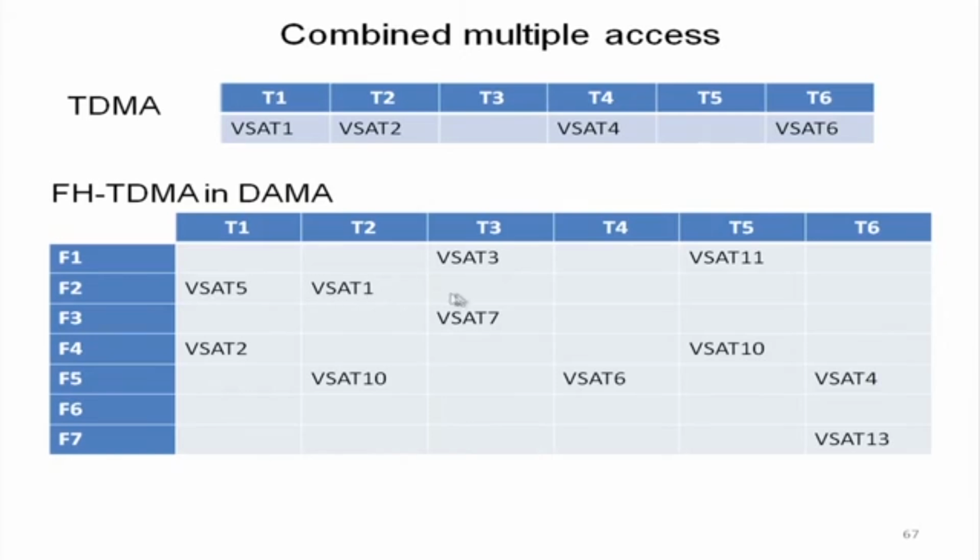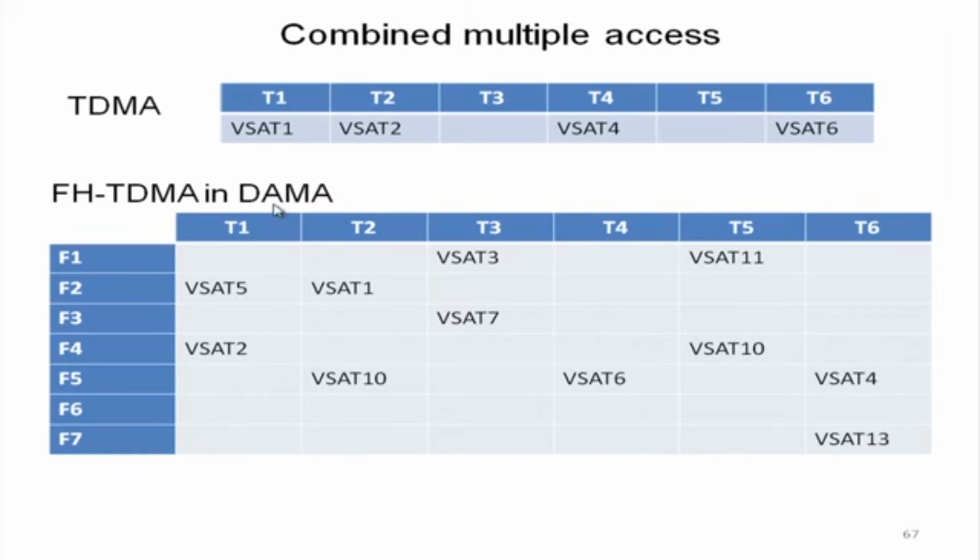Each frequency band has 6 time slots, and there are 7 frequency bands here. It is assumed that VSAT data is very small, so after modulation you take a very small amount of bandwidth and the time is spread. Depending on which slot is available in this time-frequency matrix, the central station will allot it.